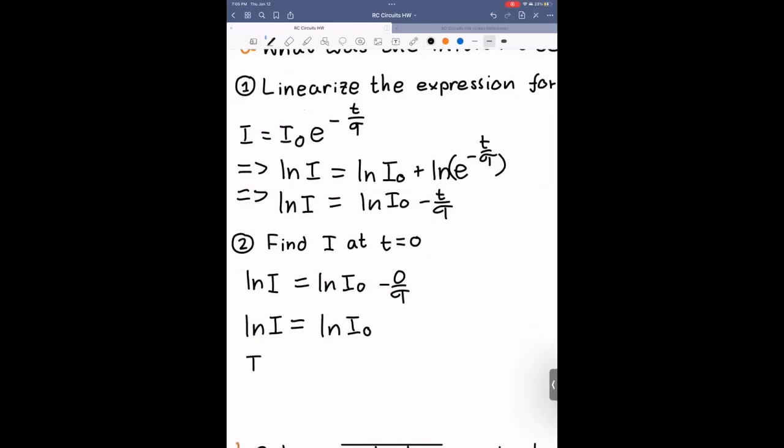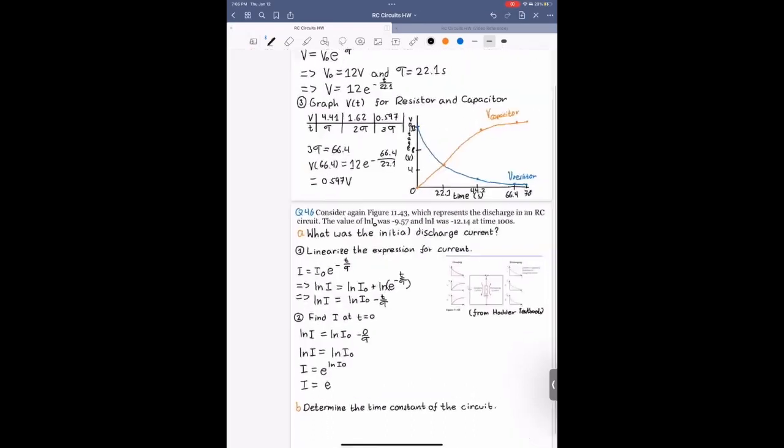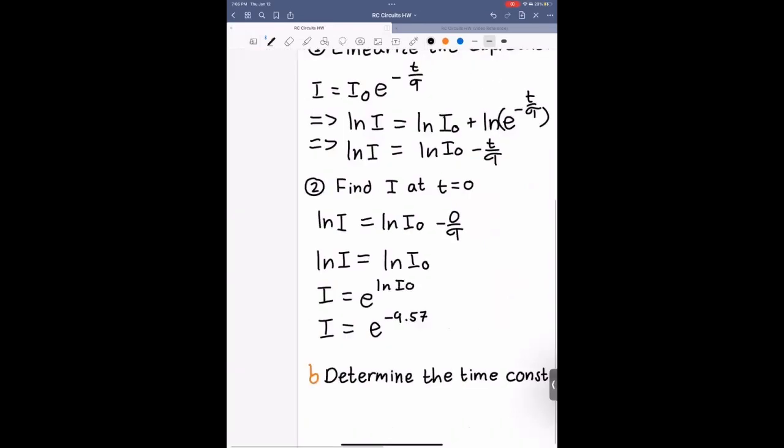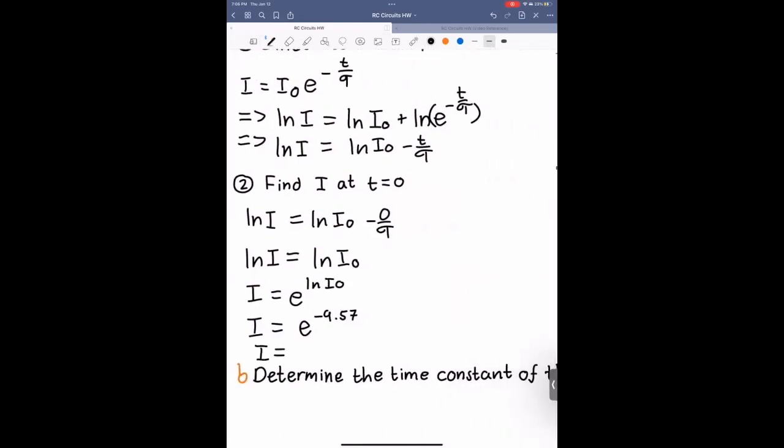And now we can use log rules to get rid of the log on the left side and rewrite the right side as e to the power of ln I sub 0. We are given the value of ln I sub 0, and that's negative 9.57. Now chuck that into your calculator and you will get 6.98 times 10 to the power of negative 5 amperes. Okay, that's I sub 0.